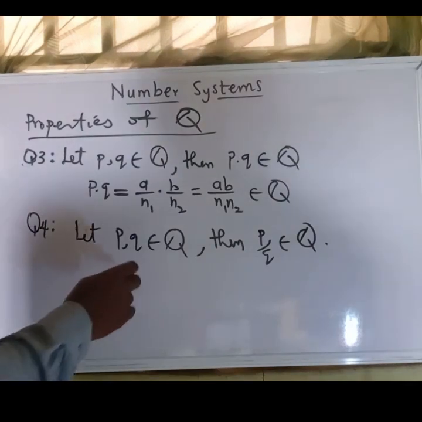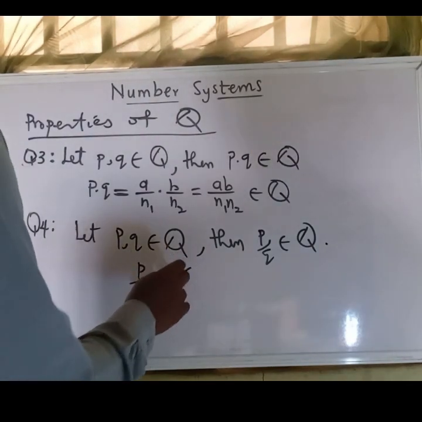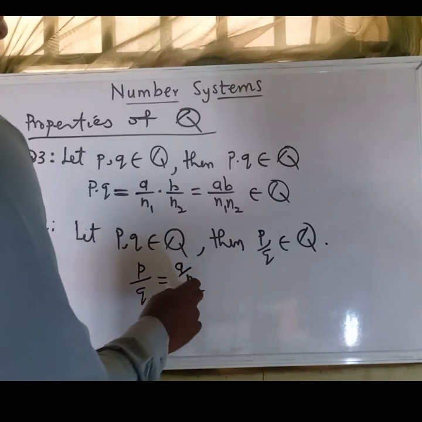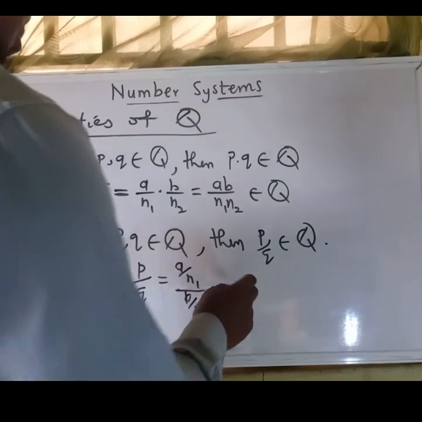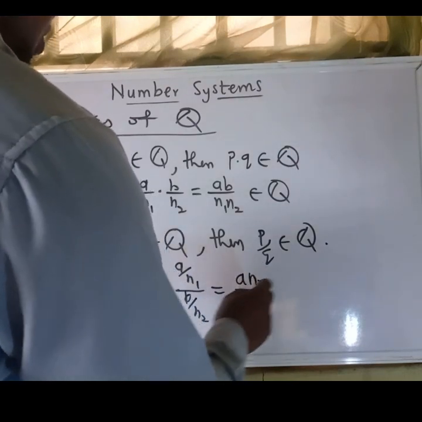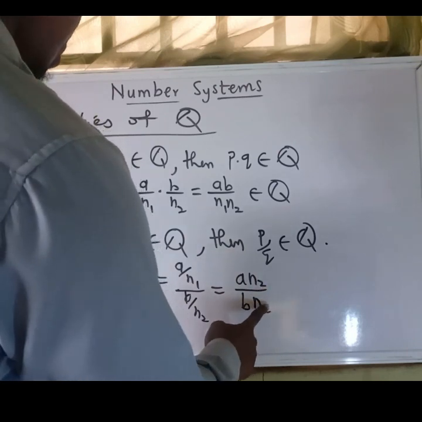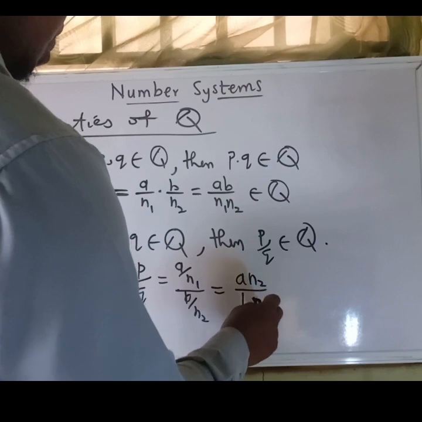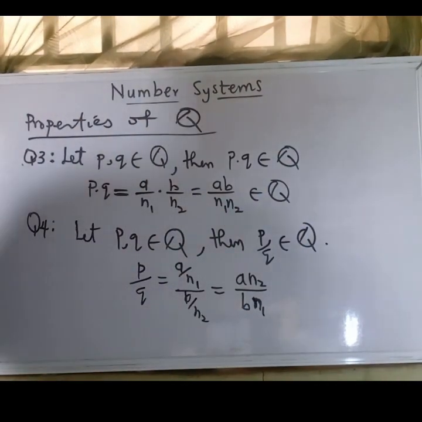This also means that P over Q is this, and this is A over N1 divided by B over N2, and this is nothing but AN2 divided by BN1. This is also a rational number.